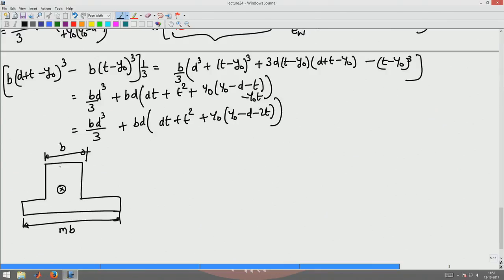So, I will have the CG here, the y CG of the cross section, and this distance would be y₀ as we computed before, and if we compute the moment of inertia for this cross section, it will be the same as what we have got here.